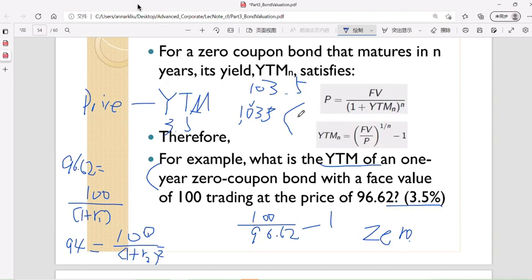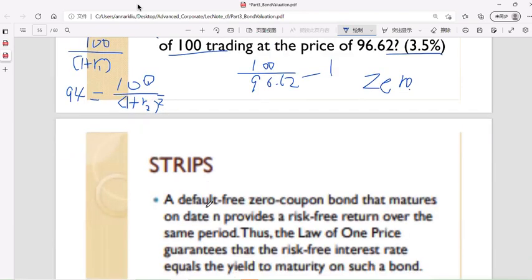If the bond is quoted at 96, maybe its value is 960. So it depends on your assumption of face value. If your face value is 1,000, then that's 96% times 1,000. But in this particular example, your face value is 100.